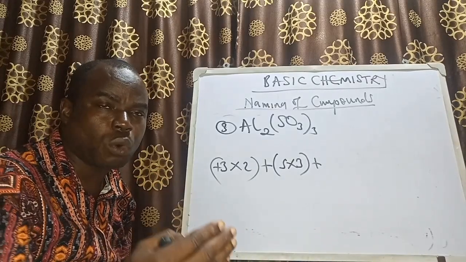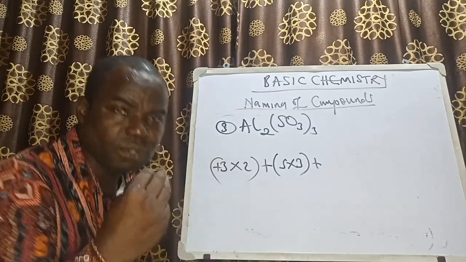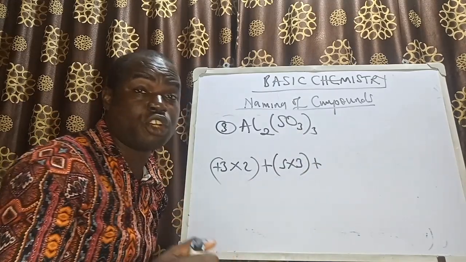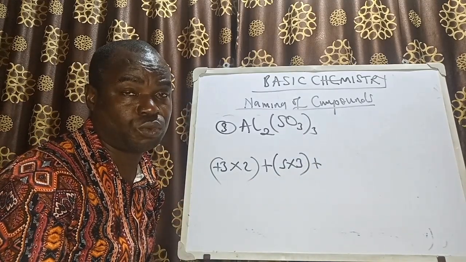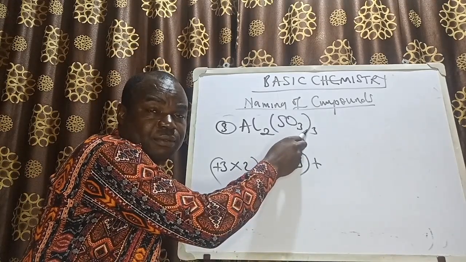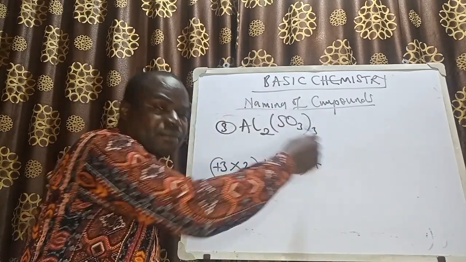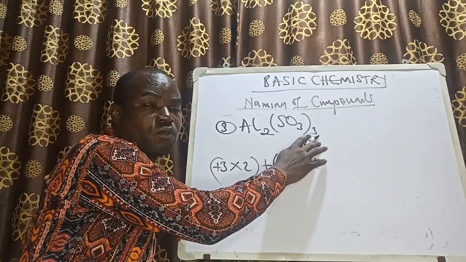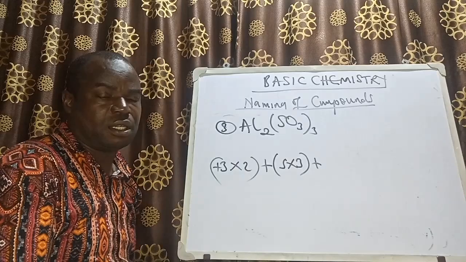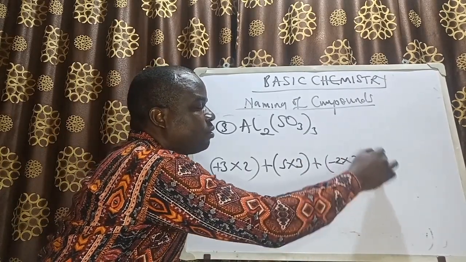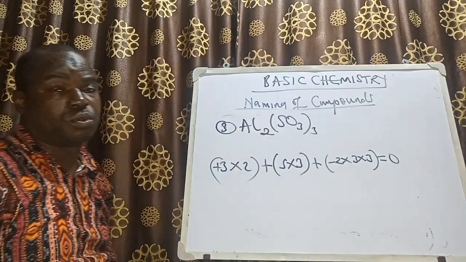Why? Because it appears 3 times. Now this oxygen, we've already done oxygen before. Oxygen is minus 2, that's the oxidation number. I'll first multiply it by 3 and multiply it by another 3. Why? Because it's also one of the owners of this 3 here. Now we have minus 2 times 3 times 3.